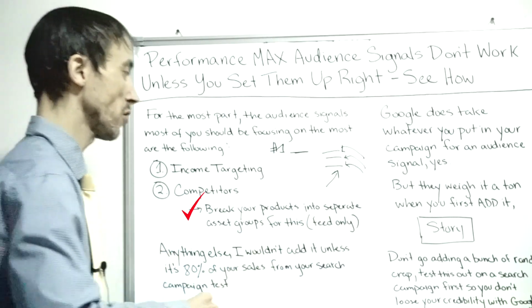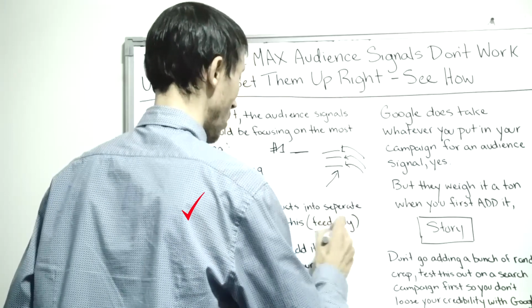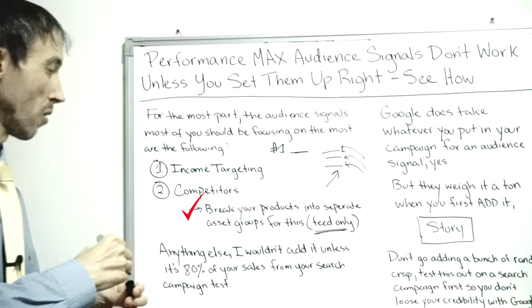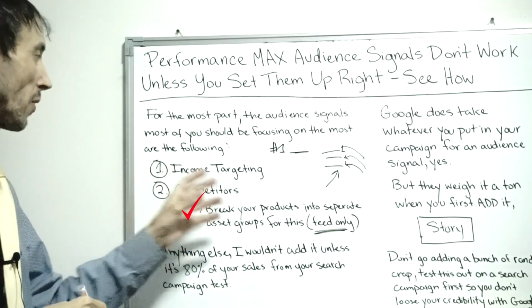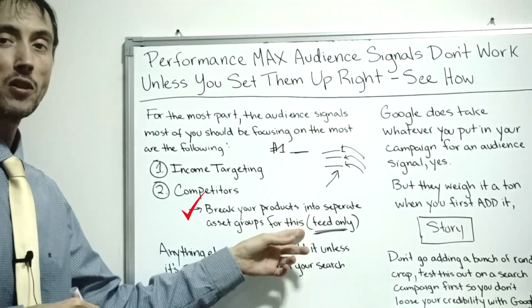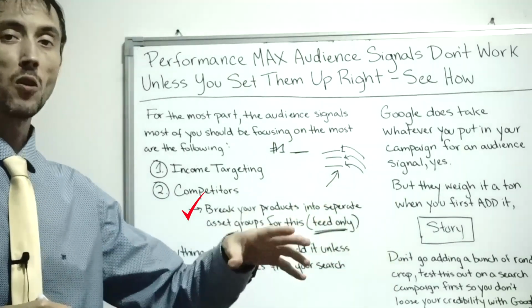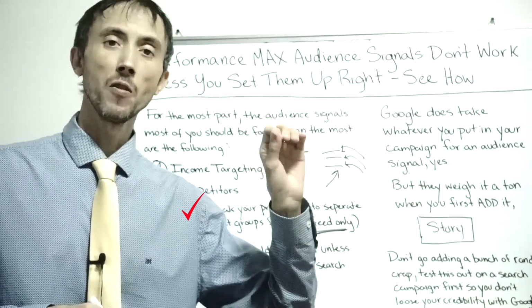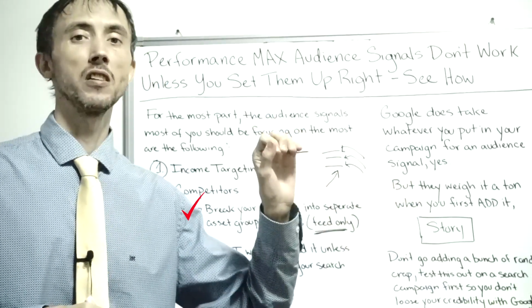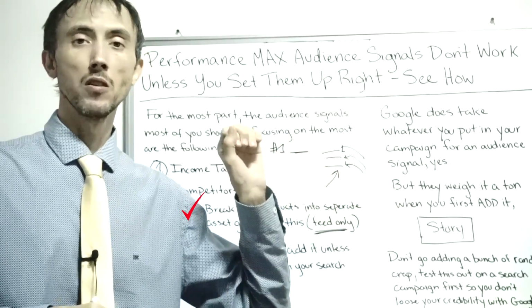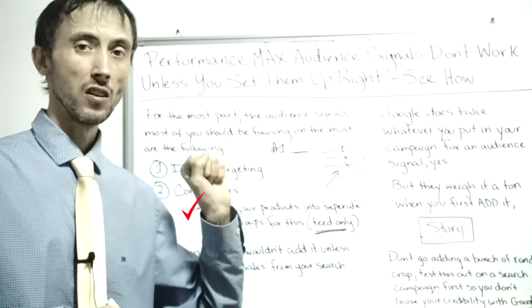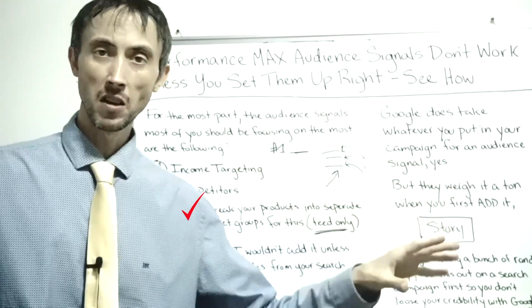I put here also, you should do a feed-only campaign. So along with this here, I always generally run my campaigns with the feed-only system. So feed-only meaning you leave in the assets menu the headlines blank, images blank, video blank.